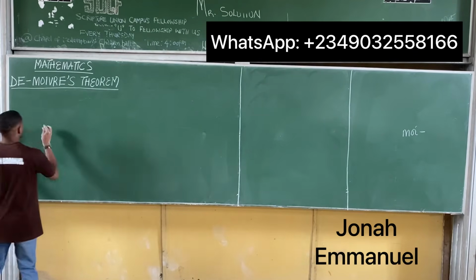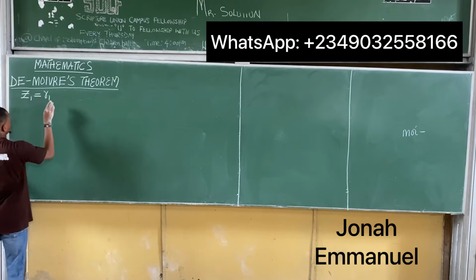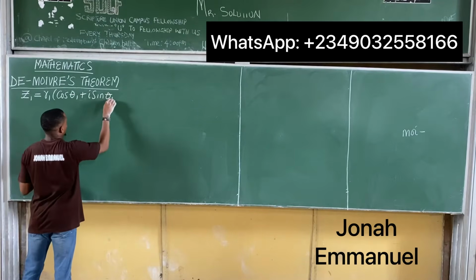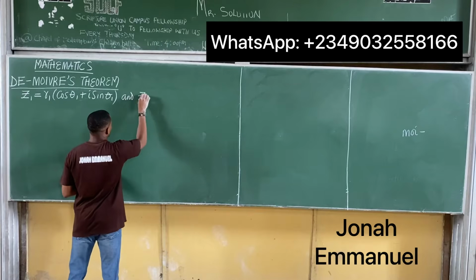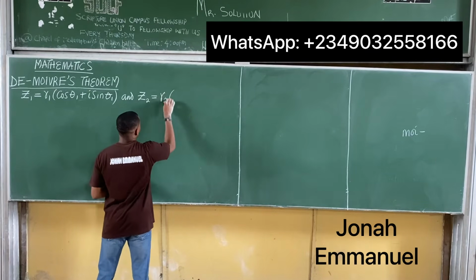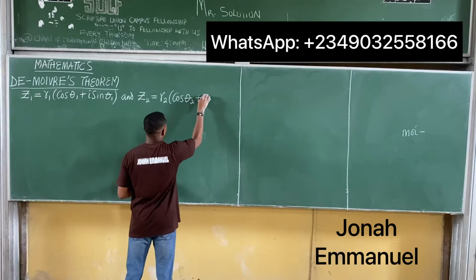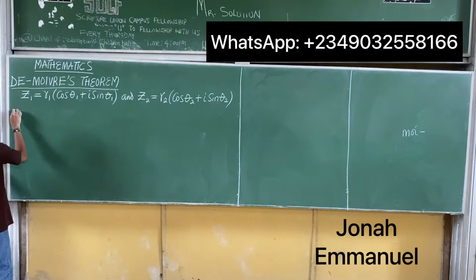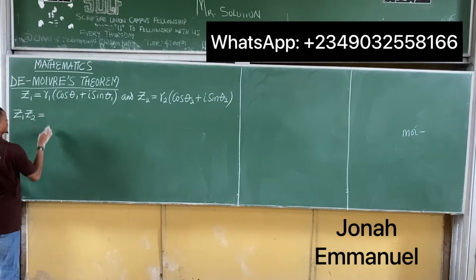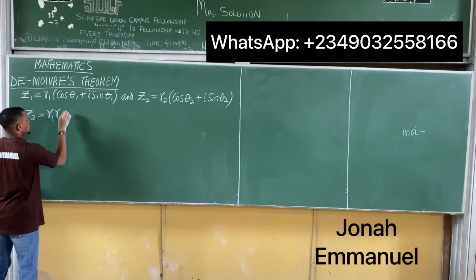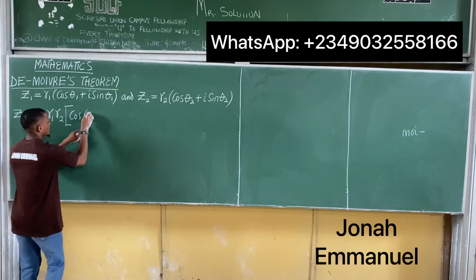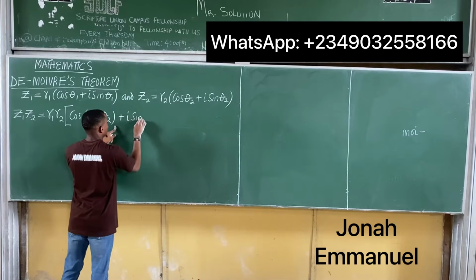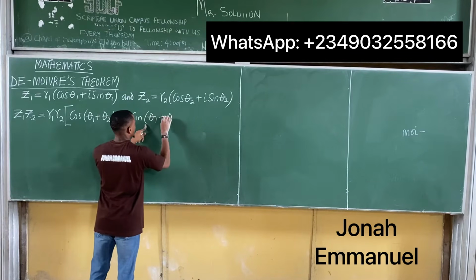If you have a complex number z1 equal to r1 into cos theta 1 plus i sine theta 1, and z2 equal to r2 into cos theta 2 plus i sine theta 2, then their product z1 z2 is equal to r1 r2 into cos of theta 1 plus theta 2 plus i sine of theta 1 plus theta 2.